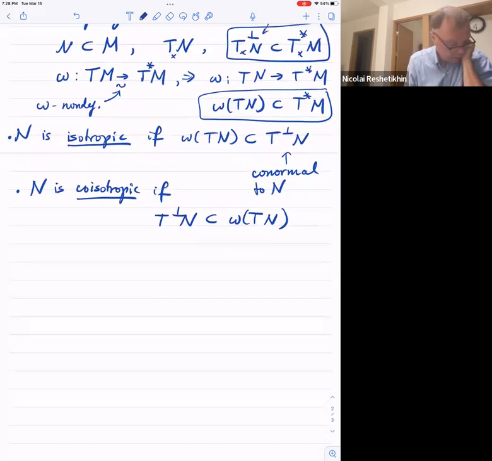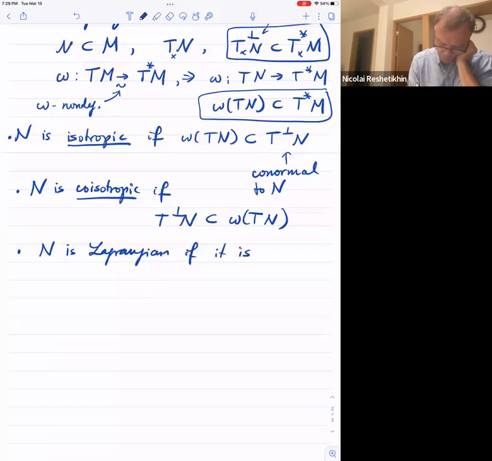And I don't think I had time to give examples. I think this is what I promised today. And this is what I will do today. And then the last notion is N is Lagrangian if it is both isotropic and coisotropic.